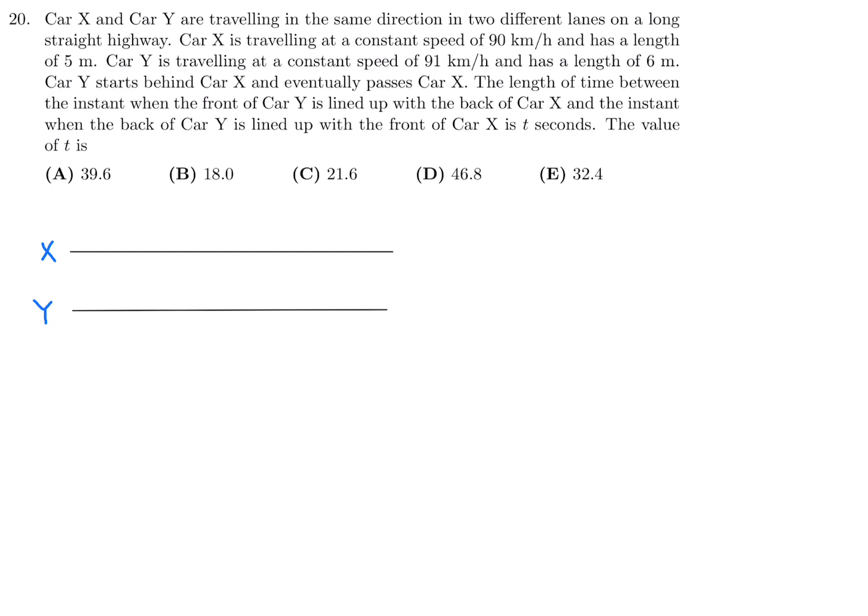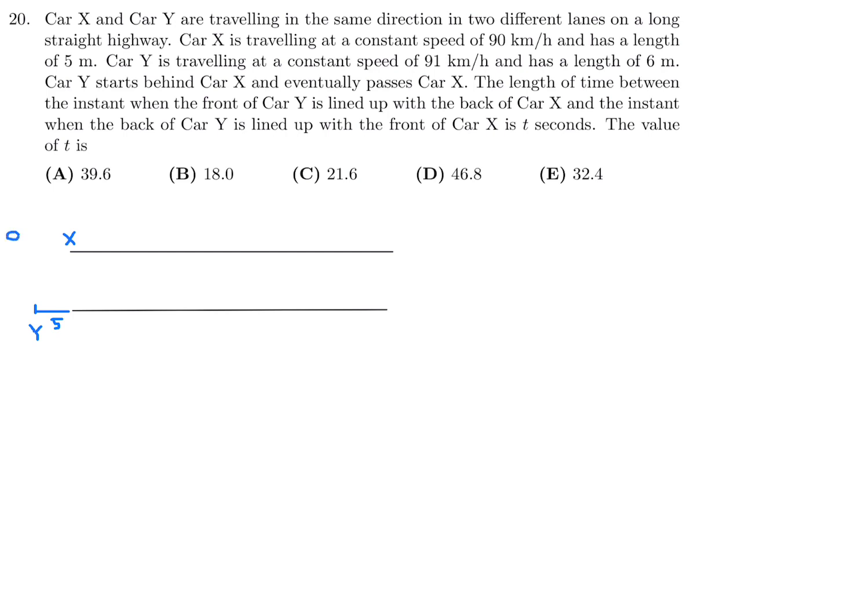Initially, the car designated as Y starts behind car X, and car X is 5 meters in length. So Y would start here, where this distance is 5, and X would start right at the start line. I hope that makes sense.